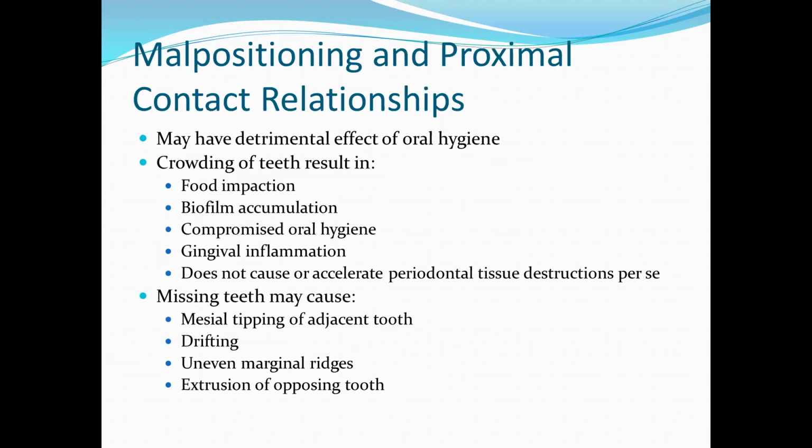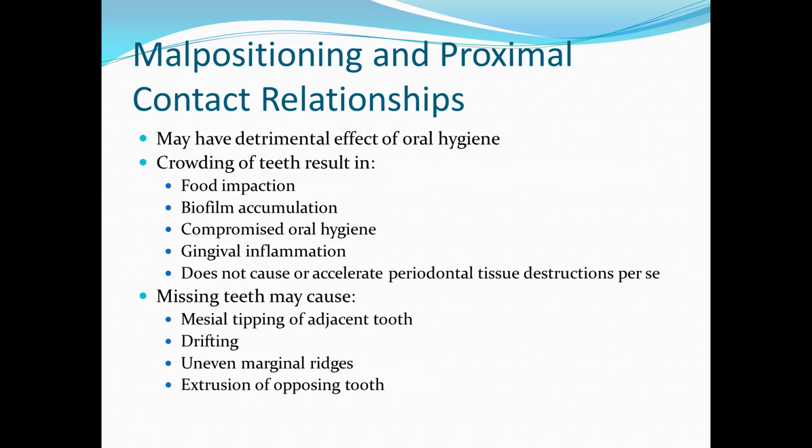Malpositioned teeth and proximal contact relationships are part of your occlusal as well as your periodontal assessment. You're taking the floss and placing it between the teeth, looking for open contacts. You're looking for crowding. Where things are out of alignment, are they having any compromised oral hygiene because of it? Do they have inflammation? Is it a food trap? Or is food just pounding in there? Okay.